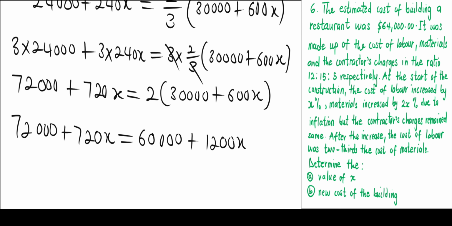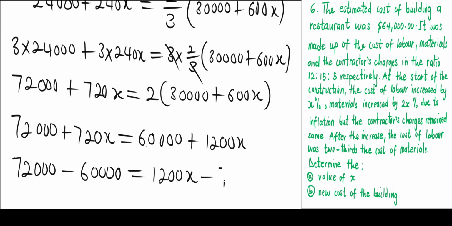All right. Then we now group like terms. So we can transpose 60,000 to the left hand side. So it's going to be 72,000 minus 60,000 equal to 1,200x minus 720x.